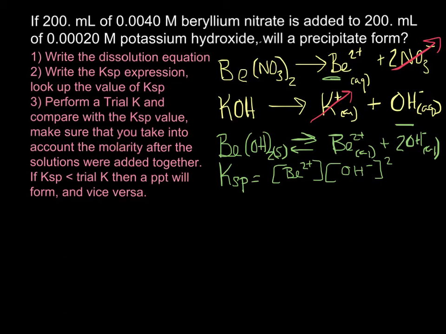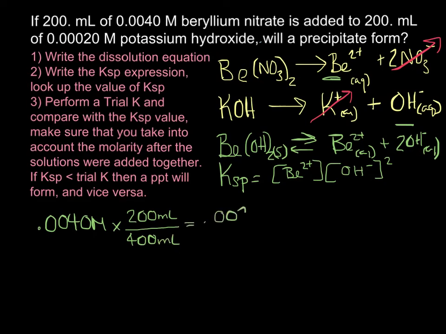So let's look at the beryllium one first. For the beryllium, we have a molarity of 0.0040 molarity for the beryllium nitrate, and we're going to multiply that by the dilution factor. That is the amount we're adding over the total volume altogether. And that's going to give us our new molarity for the beryllium ion of 0.0020 for the beryllium.